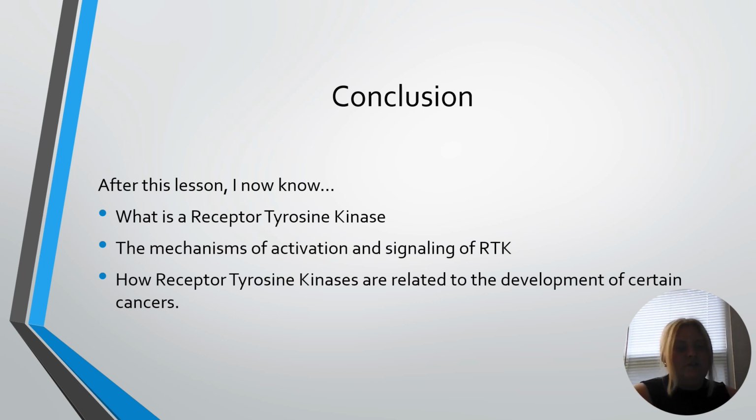Our second objective, the mechanisms of activation and signaling of RTK: it allows for phosphorylation, contains several growth factors, and is essential for embryonic development and adult homeostasis. And then lastly, how receptor tyrosine kinases are related to the development of certain cancers. Since RTKs are responsible for cell proliferation and death, they can be mutated or overexpressed, causing tumors and cancers.